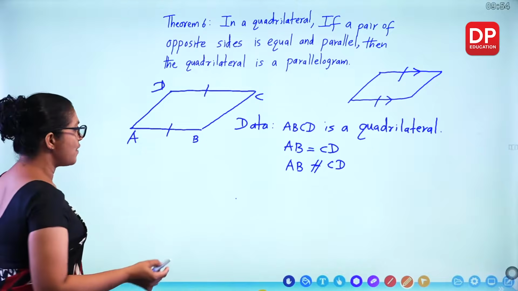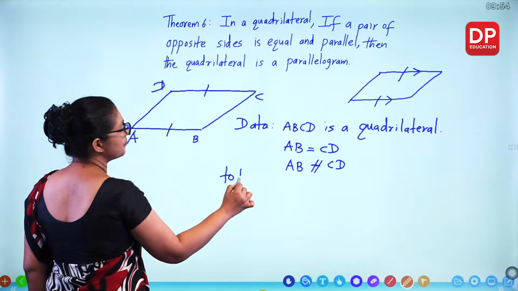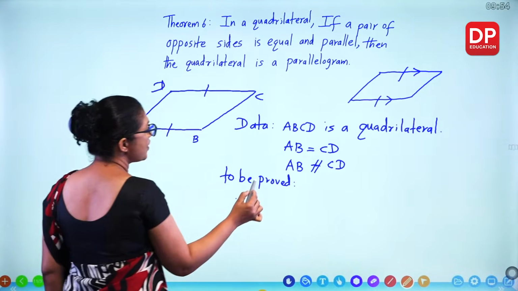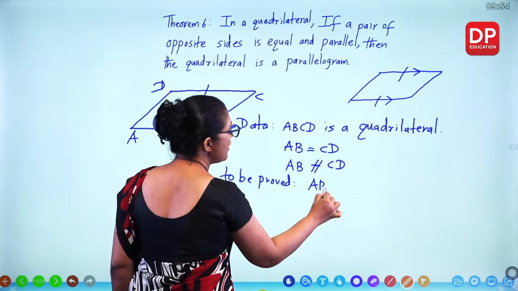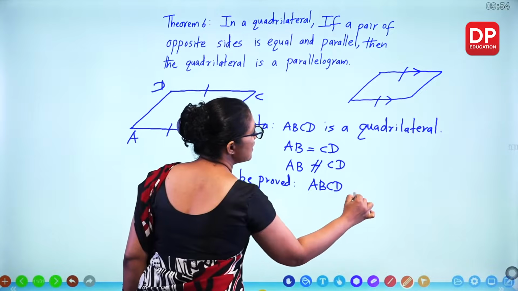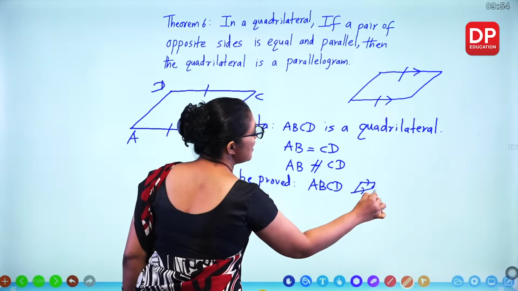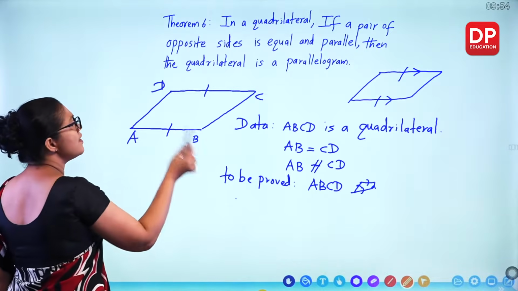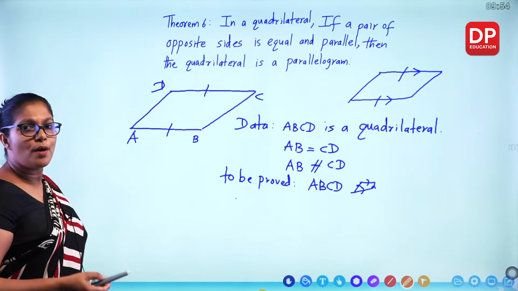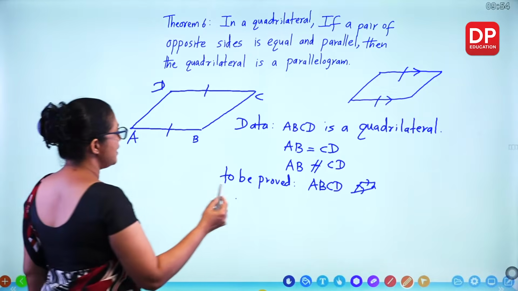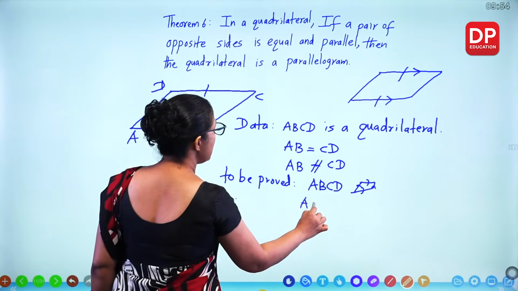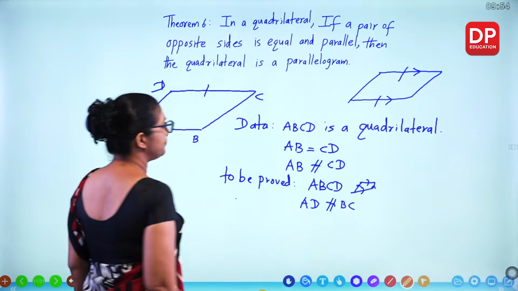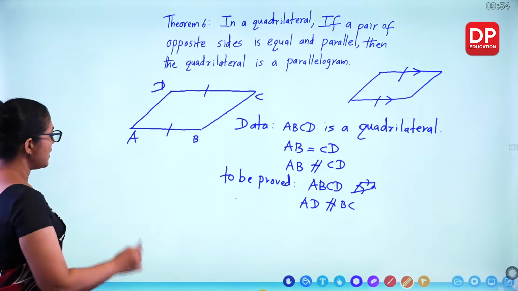Now you have to show that this is a parallelogram. Already one pair of sides is parallel and equal. So you need to show the other pair is also parallel. We need to show that AD is parallel to BC. Now we'll try to prove that.